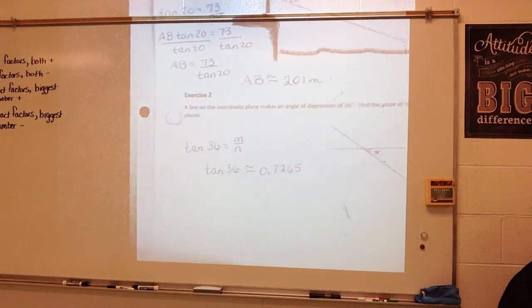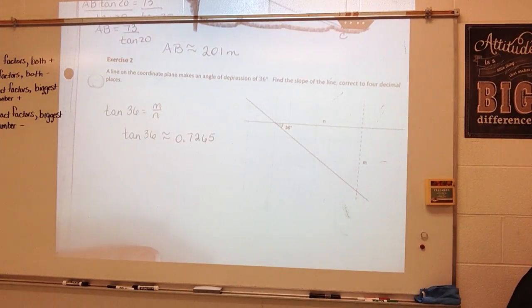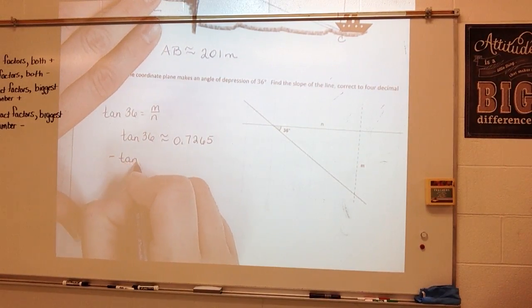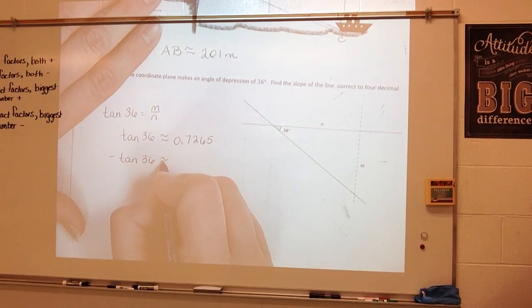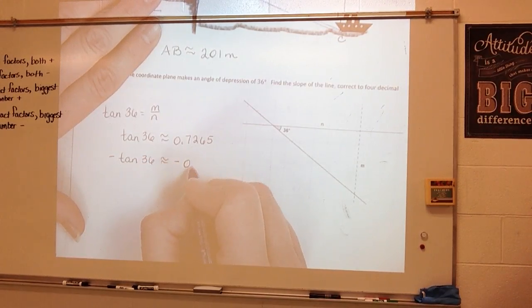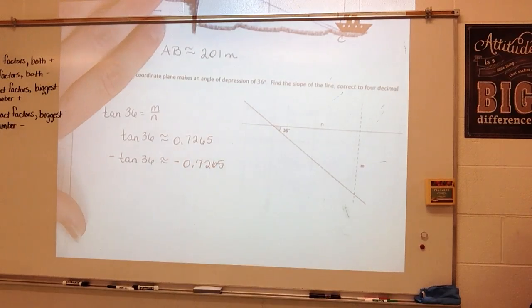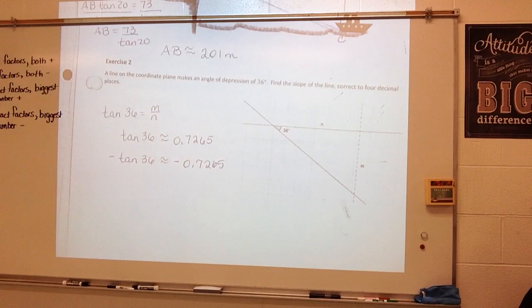Now, remember, because this is an angle of depression, I have to take the negative of that. So the negative tangent of 36 would be approximately negative 0.7265. This is the slope of my line.